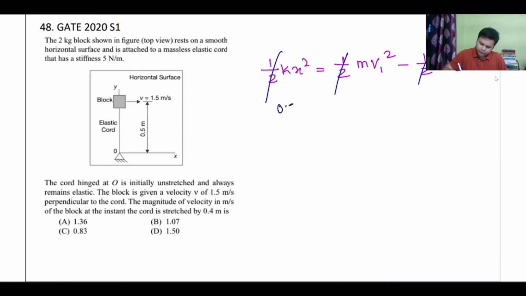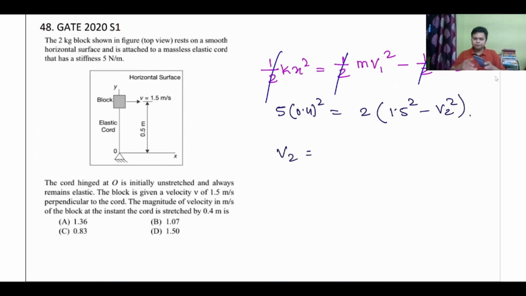K is, sorry, not 0.5. K is given as 5 Newton per meter. So 5 into 0.4 whole square is equal to mass is 2, into v1 is 1.5 whole square minus v2 square, where v2 is what we require to find out. Let us calculate v2 from here.